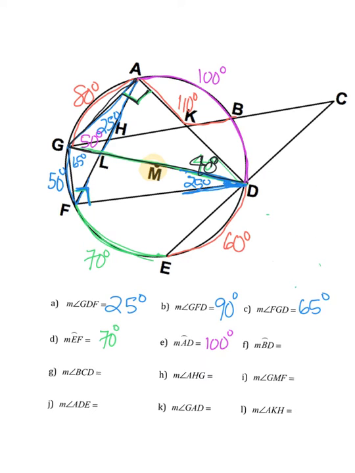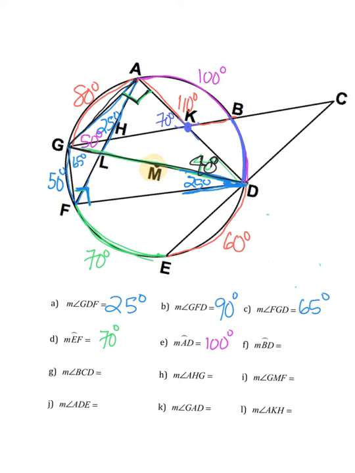One of the ways to find the measurement of arc BD is to use the half the sum theorem, because this angle K is inside the circle. So this remaining angle, which is supplementary to 110 degrees, is equal to 70 degrees.